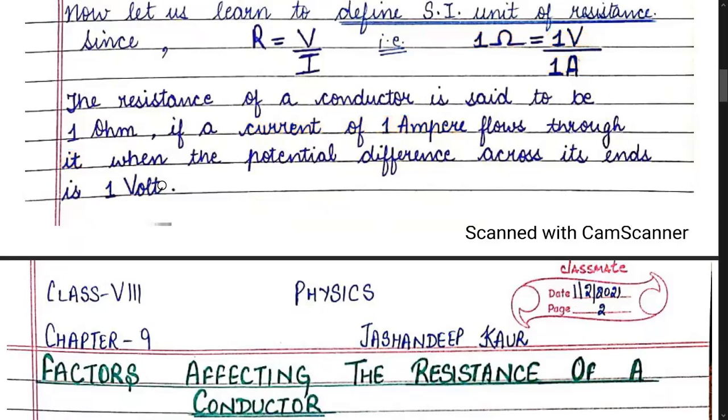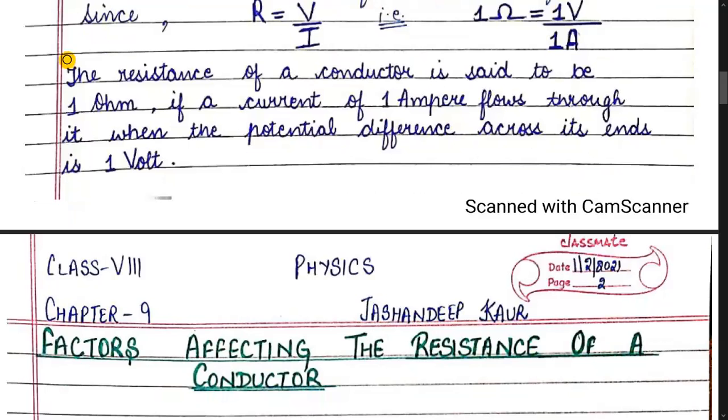So 1 ohm is the resistance given by the conductor when a current of 1 ampere flows through the conductor when the potential difference of 1 volt is applied across the ends of the conductor. So this definition of 1 ohm is very important.